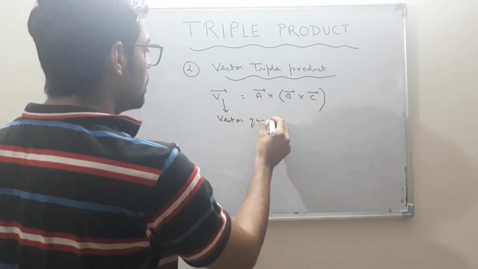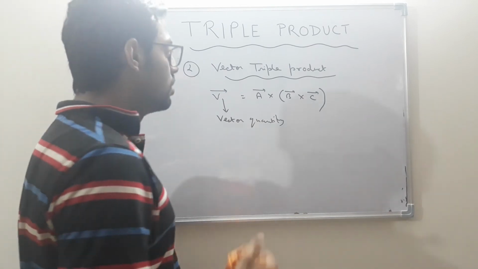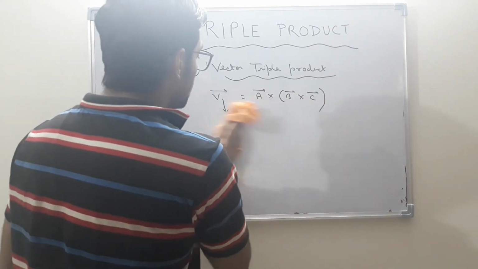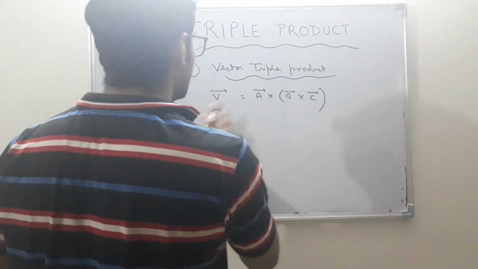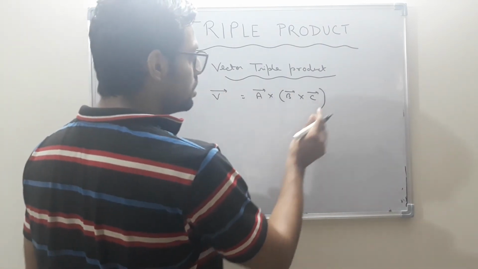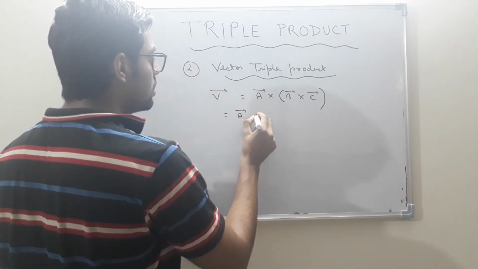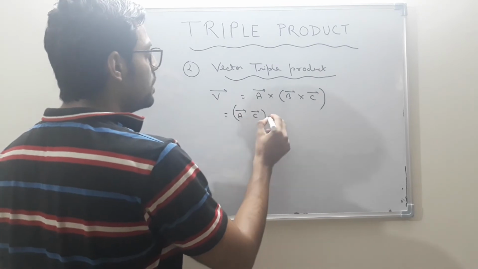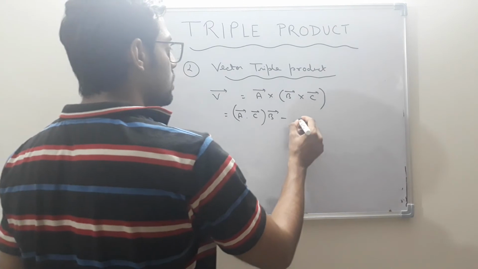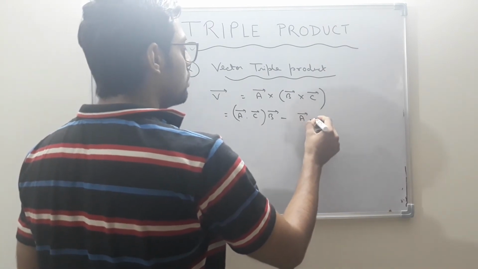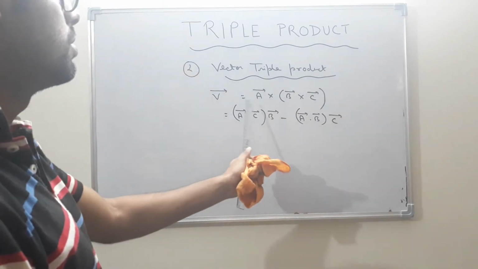Vector quantity. Okay. Now, what will be its simple mathematical form? It can be shown that A cross B cross C equals A dot C into B minus A dot B into C. It can be shown in this form.